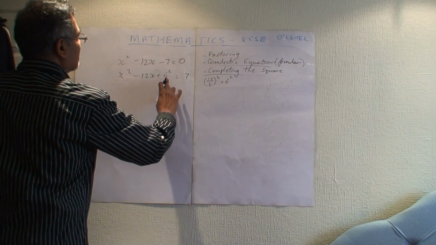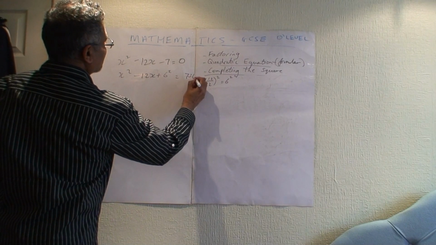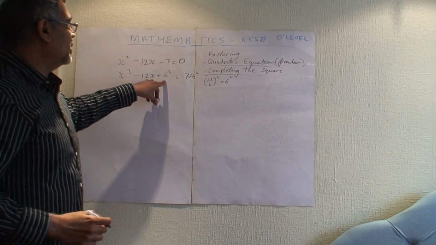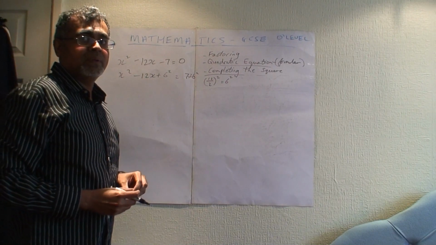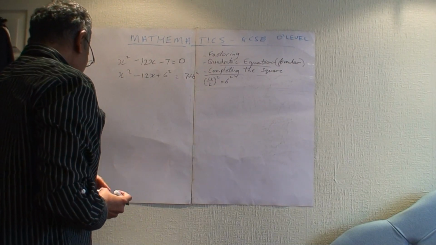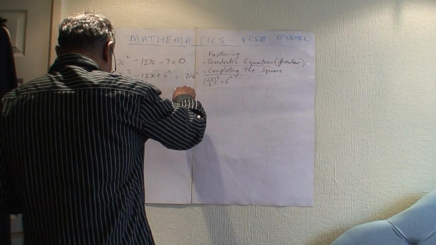But if we plus the 6 squared here, we have to plus the 6 squared there as well. So it's not only there. If we add it on this side, we add that 6 squared on the other side.